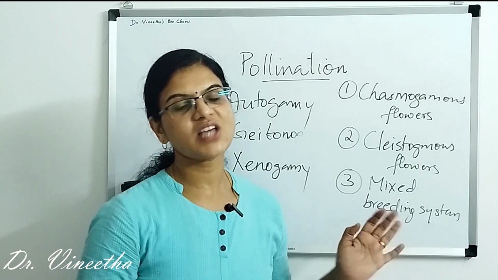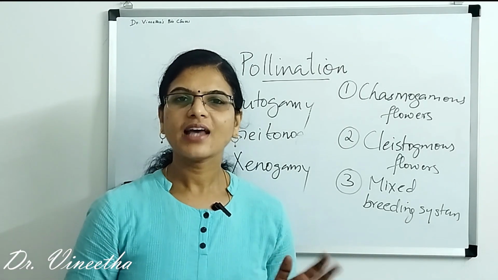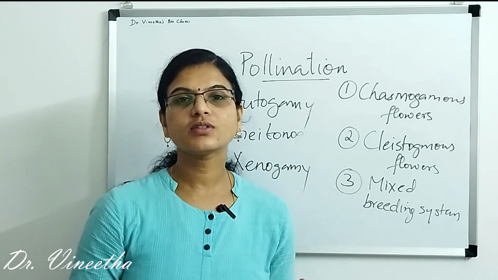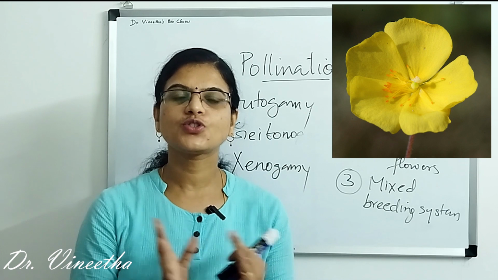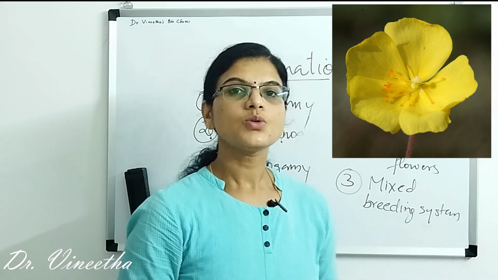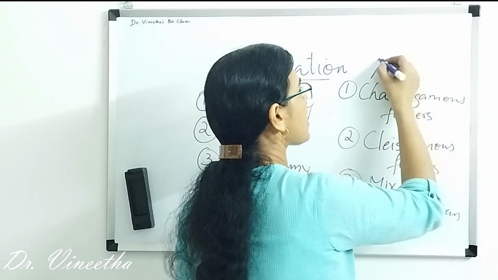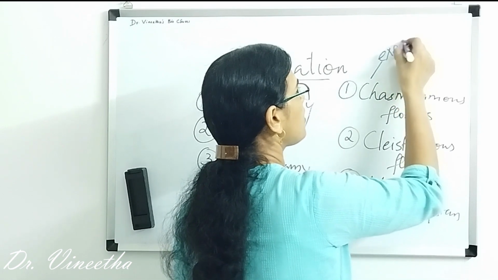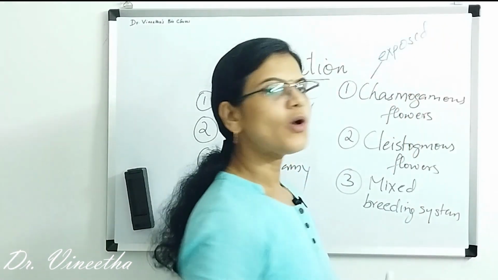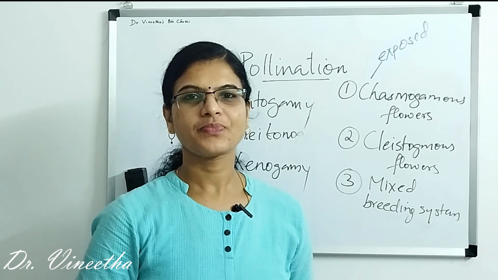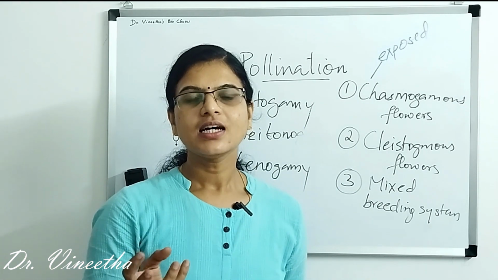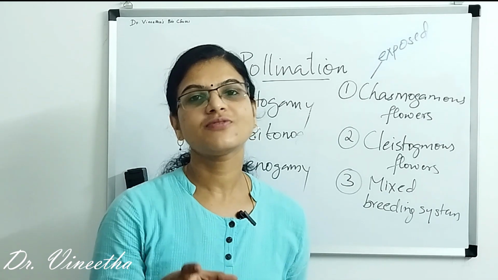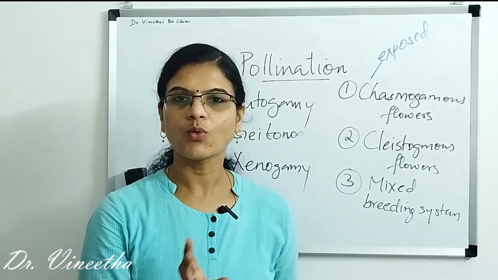So what is meant by Chasmogamous flowers? Chasmogamous flowers have both their anthers and the stigma exposed to the outer environment. When the anther and the stigma are exposed, the chances of cross-fertilization are more, right?